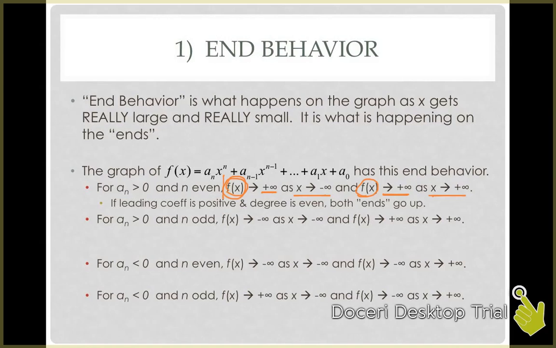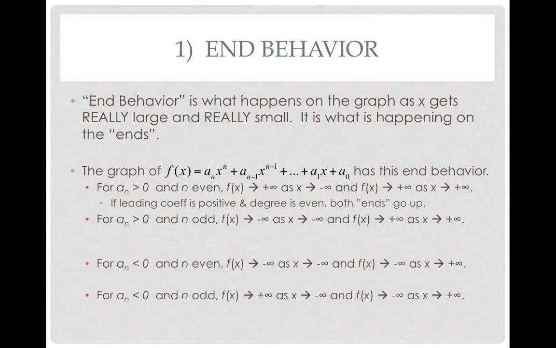So this is saying my graph goes up as I go to the left, and this is saying my graph goes up as I move to the right. So with a leading coefficient that is positive and a degree that is even, both ends go up. That's what that statement is actually saying.